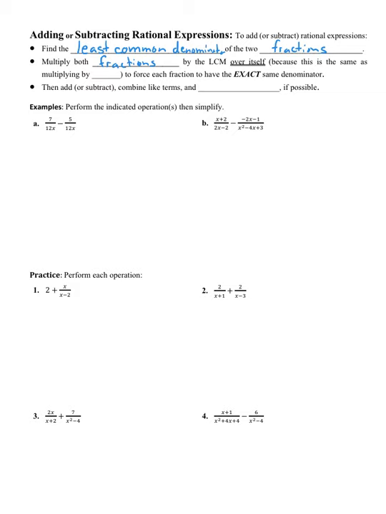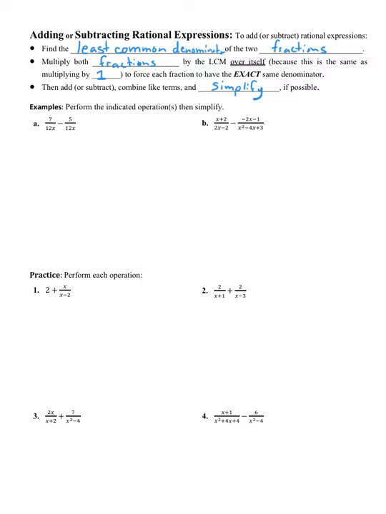It's the same as multiplying by 1, so we've already seen that a couple times, to force each fraction to have the exact same denominator. And then the last part, we're going to add or subtract, combine like terms, and simplify if possible. Those are our 3 steps here.